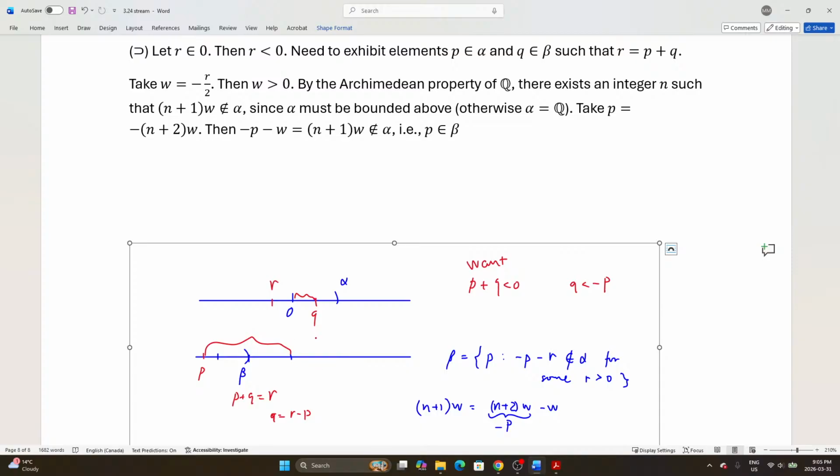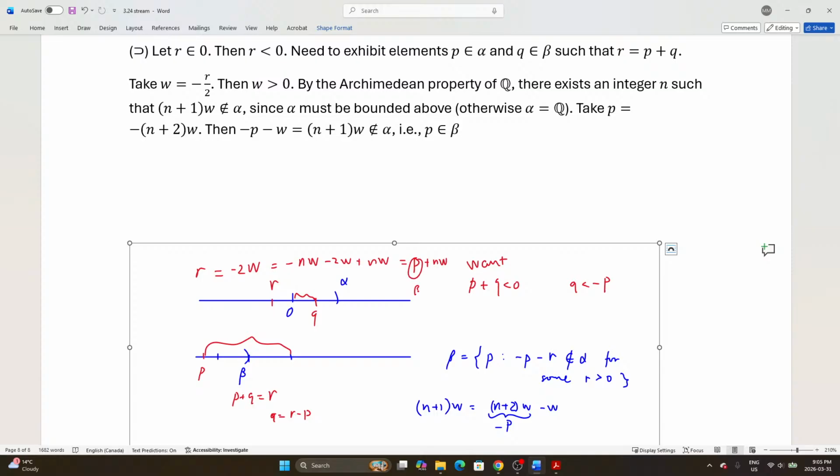We have R, which is minus 2W. Minus 2W is what? P has something to do with minus 2W. This is minus nW minus 2W, and then plus nW, which is P plus nW.